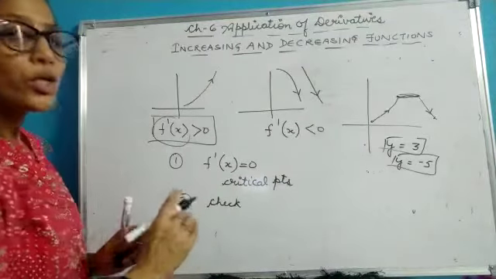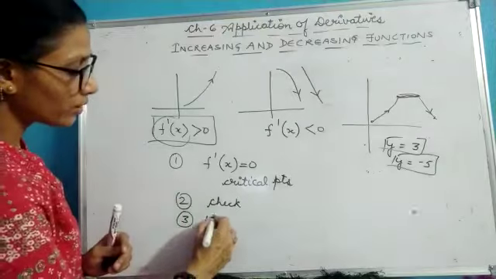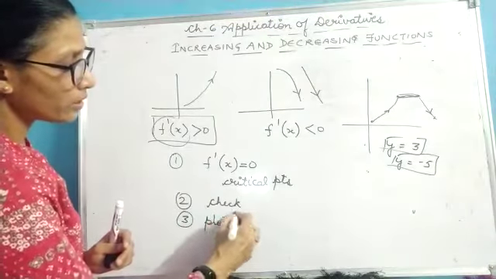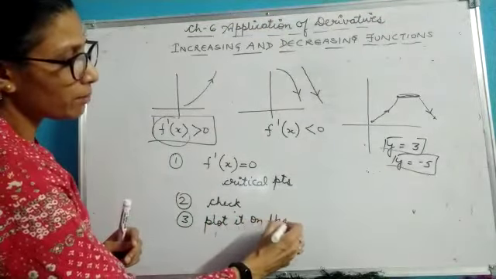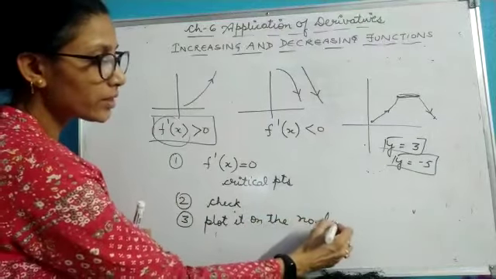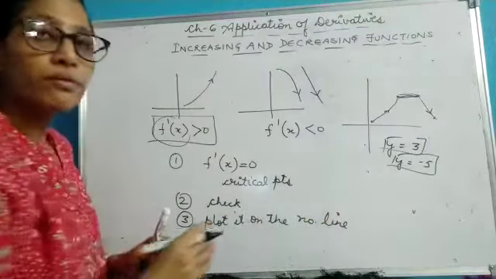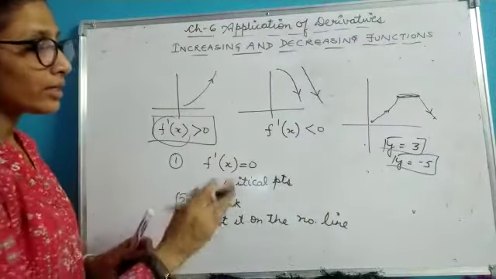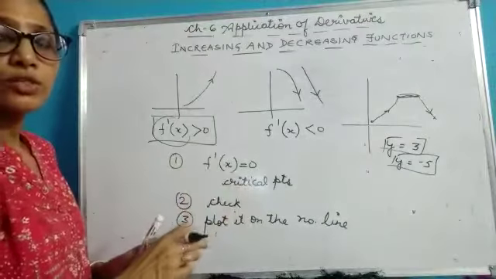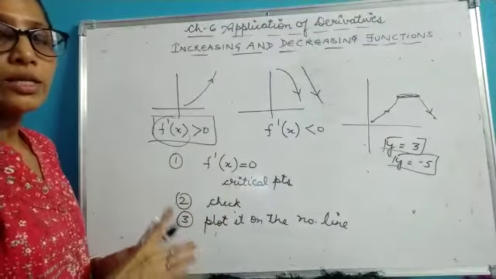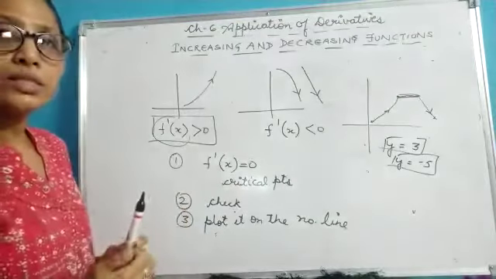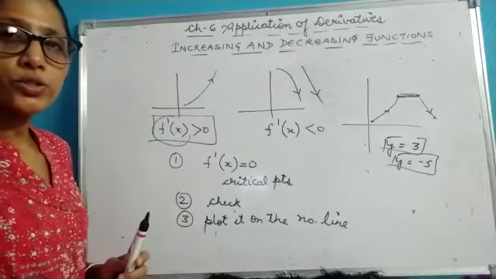And thirdly, you will be plotting it on the number line. This number line will give us a clear-cut idea of whether in this interval the given function is increasing or decreasing. Let's see how we can apply these steps in the given questions.